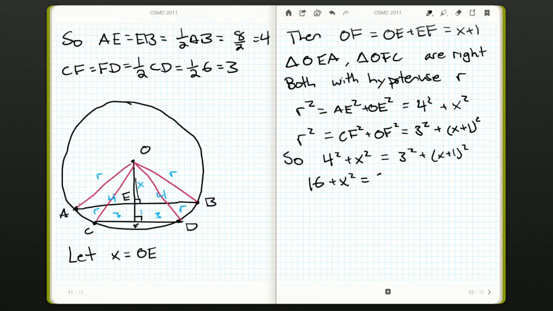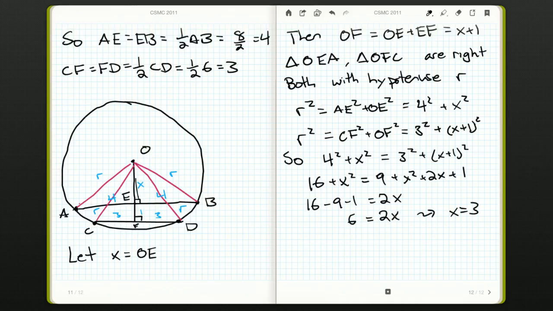So 16 plus x squared is the same as 9 plus x squared plus 2x plus 1. Well, these x squareds will cancel out, and we can bring our numbers 9 and 1 over to the other side. So 16 minus 9 minus 1, that's 6, is equal to 2x. And that means that x is equal to 3.